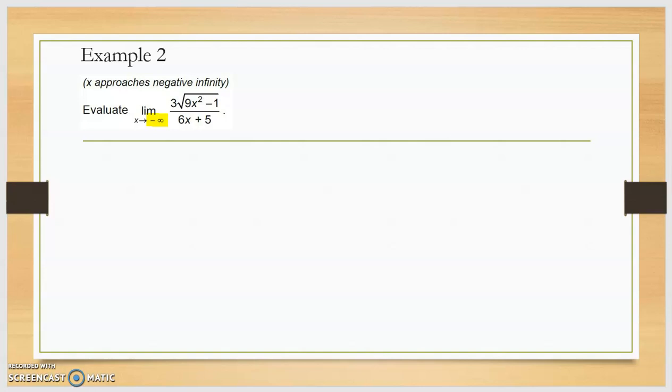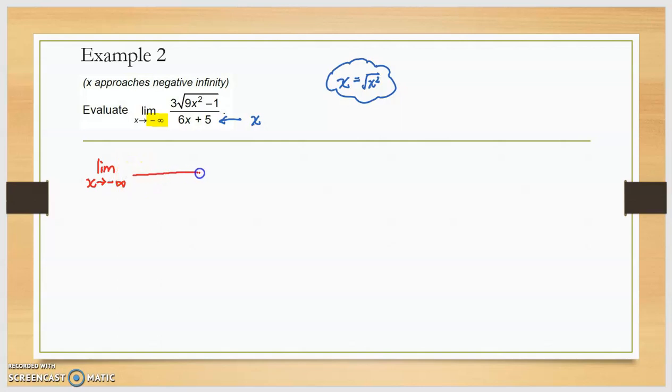Next, you can see that the highest degree in the denominator is x. At the same time, you have to remember that x also equals the square root of x squared. So next, what I have to do is take the limit as x approaches negative infinity.